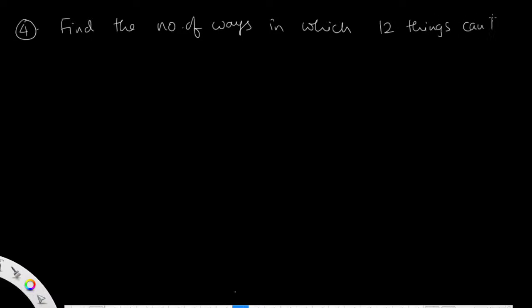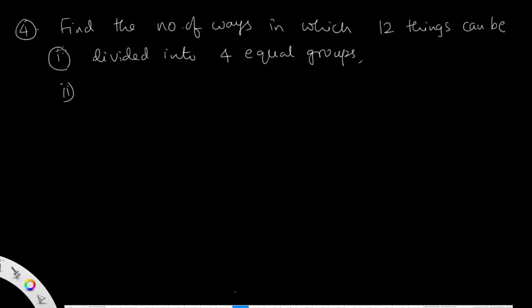Find the number of ways in which 12 things can be first divided into 4 equal groups, and then second, distributed to 4 persons equally.